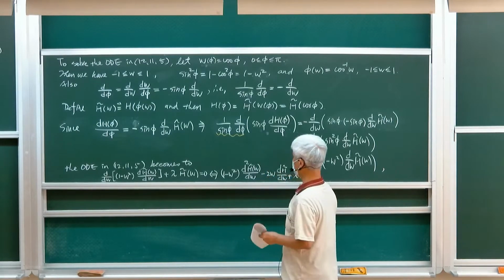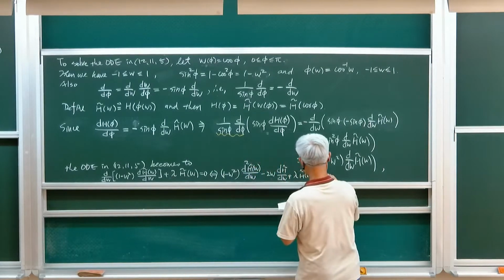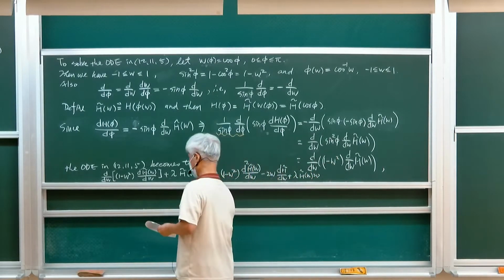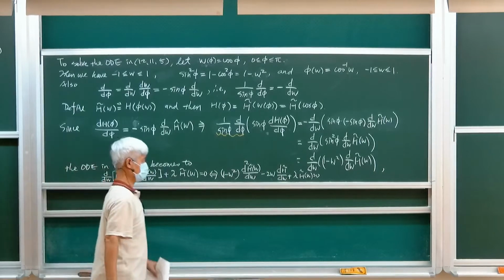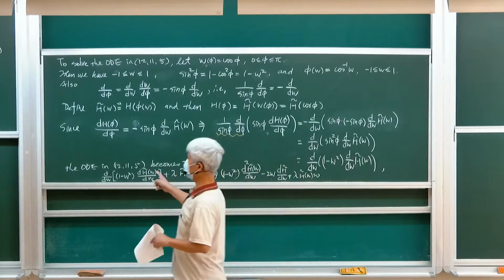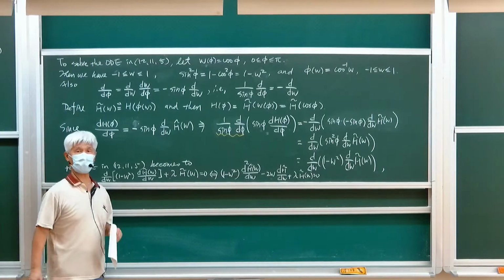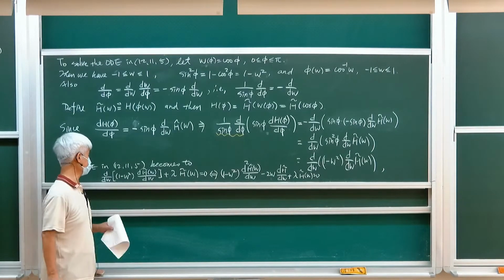Okay, and when you look at this one, you can see that it's a famous ODE, the famous ODE we encountered in chapter 11, the 5th section, when we talked about the Sturm-Liouville problem.